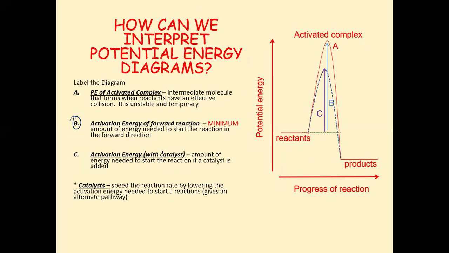So when you talk about the activation energy, this is the most important thing that you're supposed to always remember in your head. We are talking about the minimum amount of energy needed for the reaction to take place. It is that minimum energy. Here's the thing.